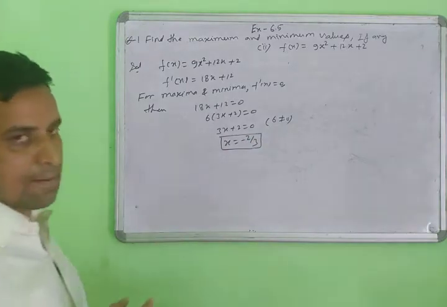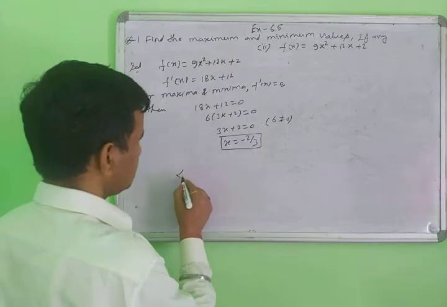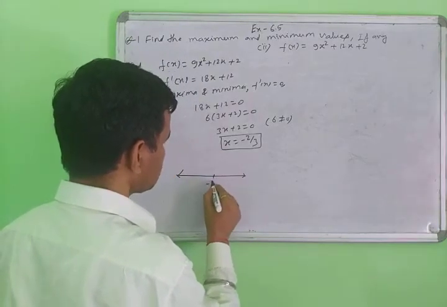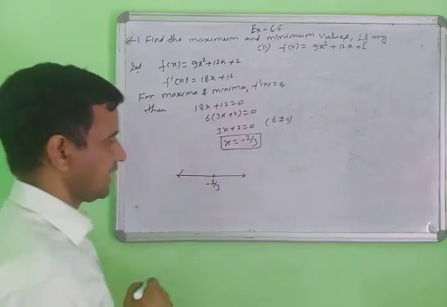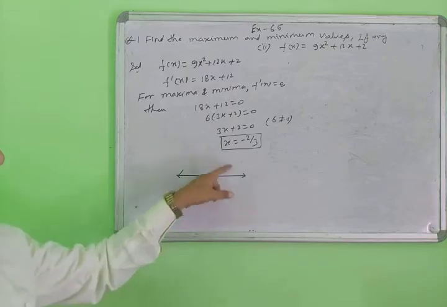Now, third step: allocate the points on the number line. This is the number line, and we allocate the point −2/3, a negative number. Similarly, you check the left side sign and right side sign.